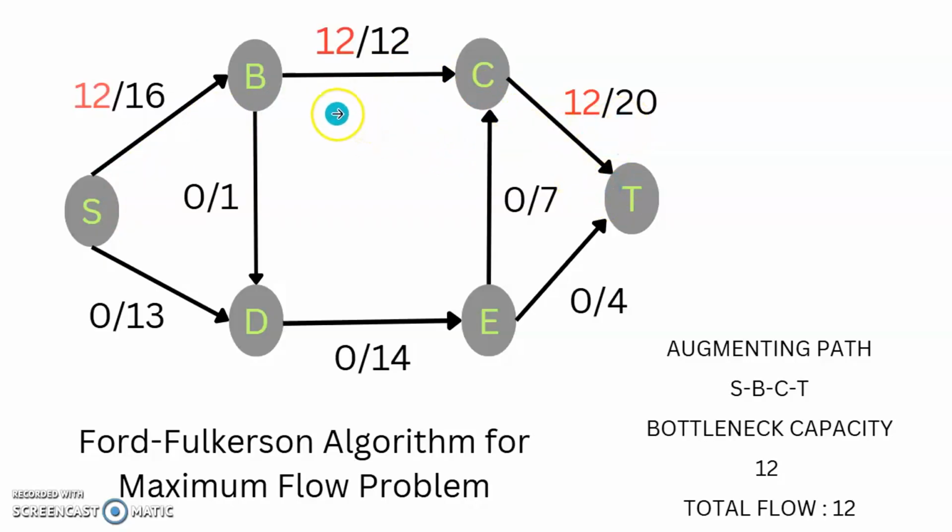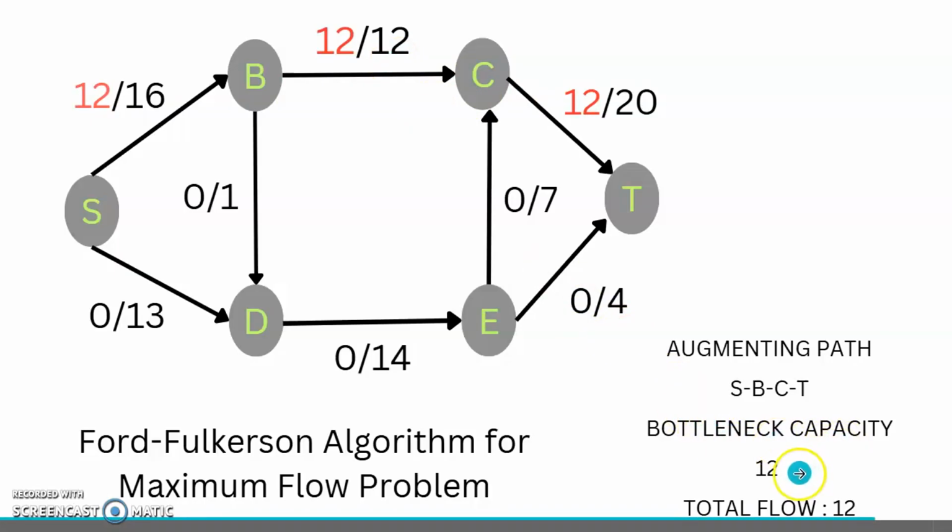But because of the limitation of this edge, in the whole path from S to T via S, B, C, T, I can pass only a maximum of 12 liters at the same time. That is why I call it the bottleneck capacity, 12.